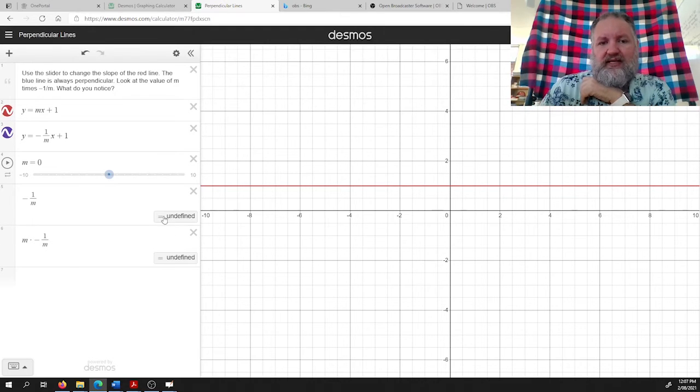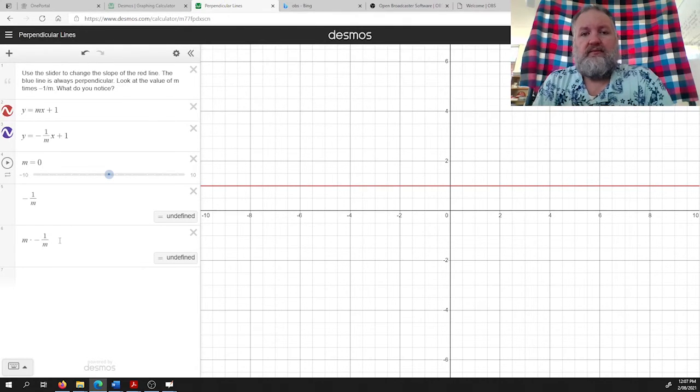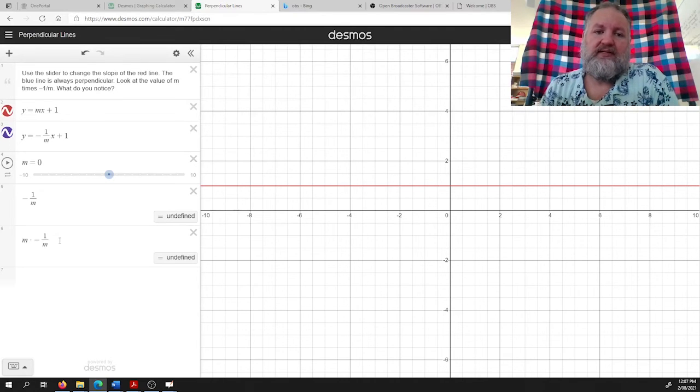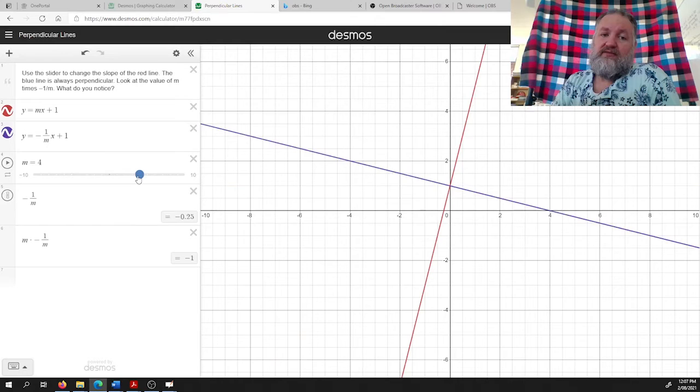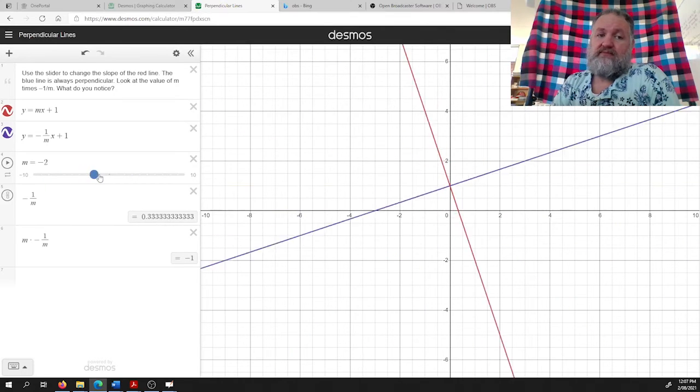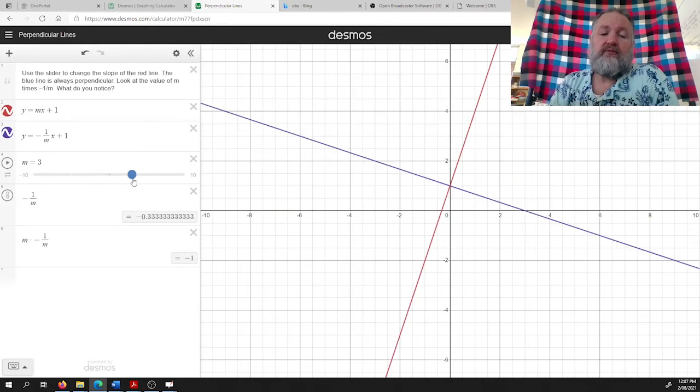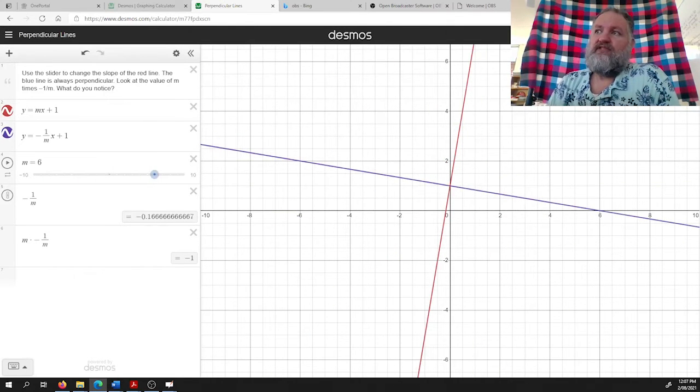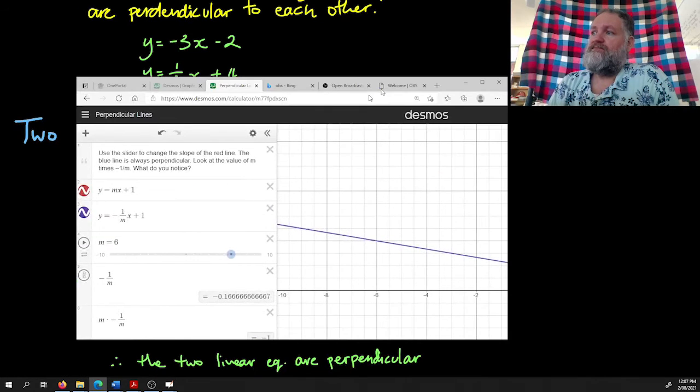The reason it's saying undefined is that if our value of m is 0, then -1/m is impossible to do. We can't divide a number by 0. It's undefined. It has no answer. So for every instance where a gradient is greater than or less than 0, but not equal to 0, this perpendicular line rule will hold true.